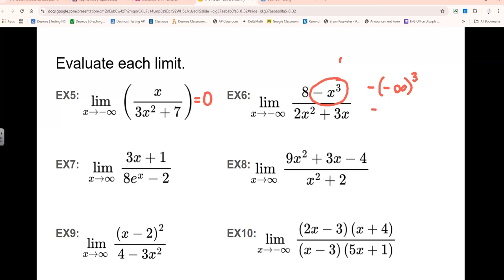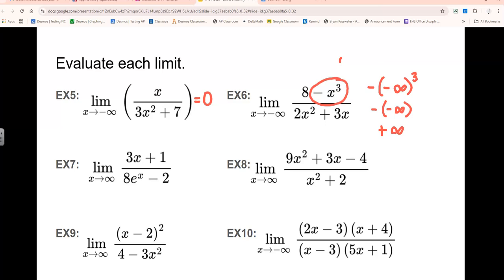So I'm going to have negative infinity, but because you've got that minus in front of it, you have negative times negative, which gives you positive infinity. Those are a little bit trickier to decide between positive and negative infinity, but we should have definitely had it ruled down to those two on that one.